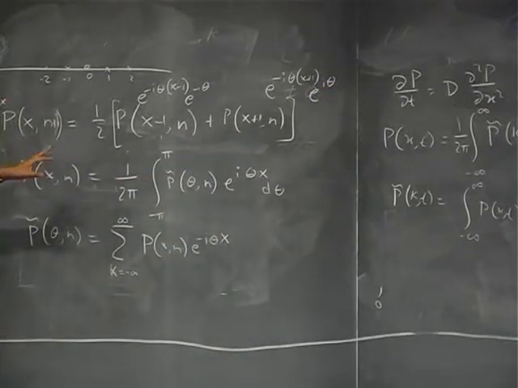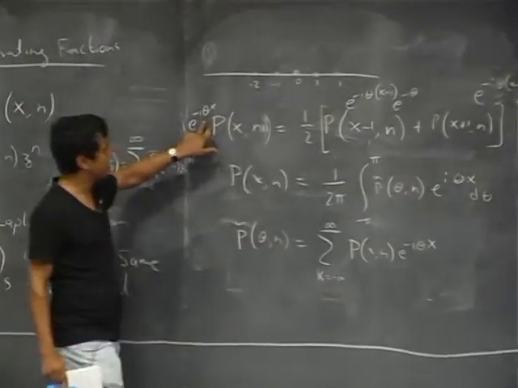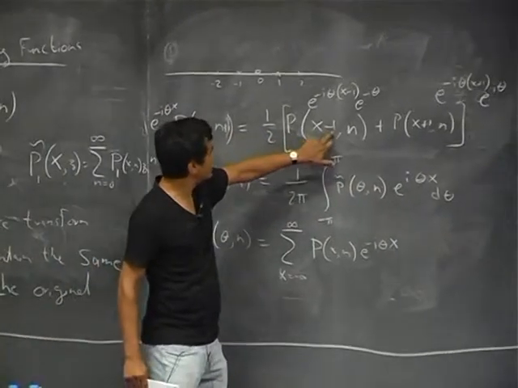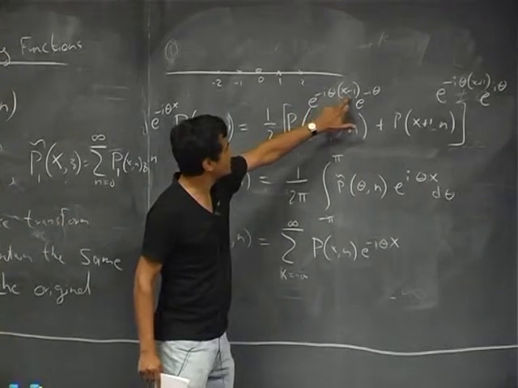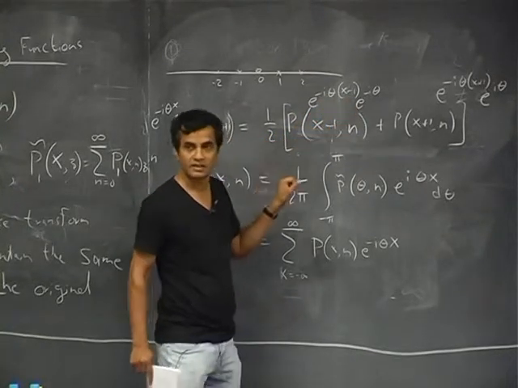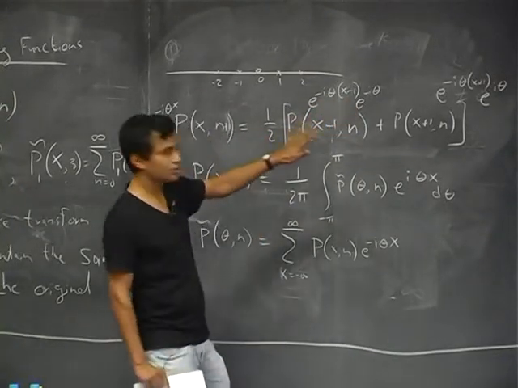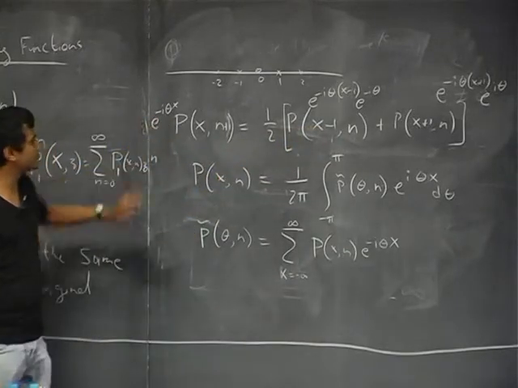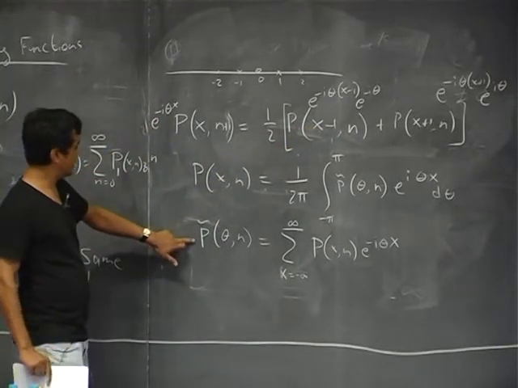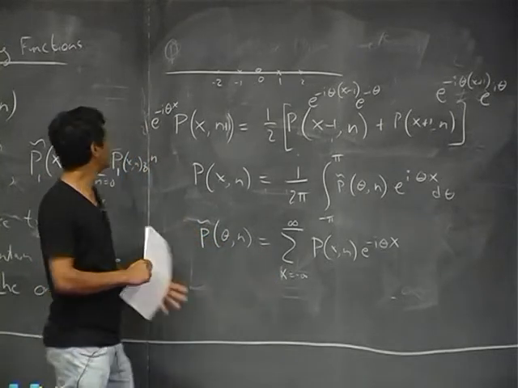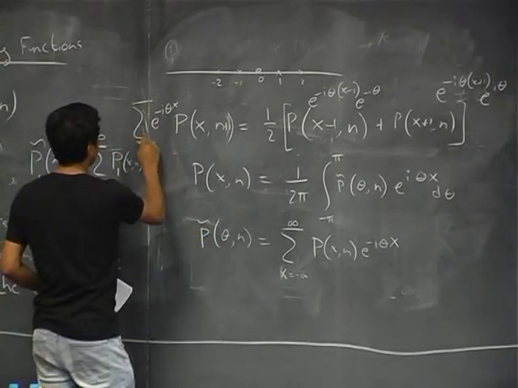Both sides of the equation I'm multiplying by e to the power minus i theta x, and because there's an x minus 1 here, I wrote it as e to the power minus i theta x minus 1 times e to the power minus i theta. So it's still e to the power minus i theta x, and I'm multiplying both sides by this object. And to get this, I have to sum over all x.